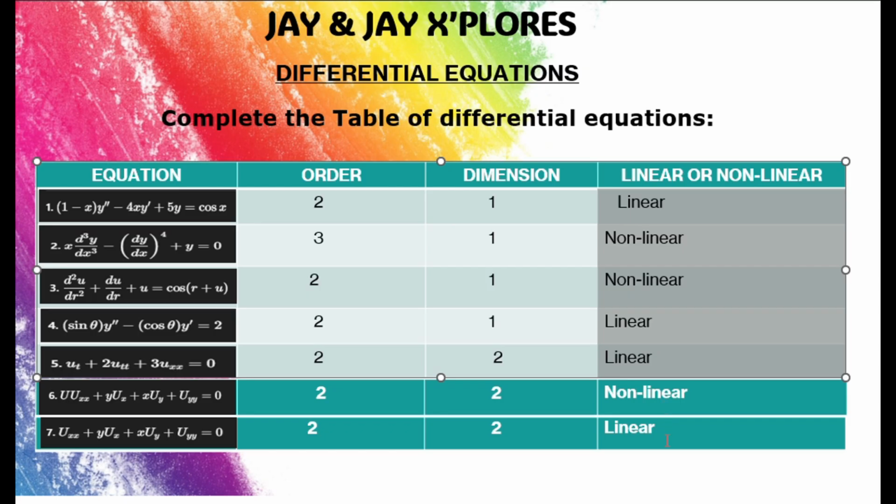So this is how we go about these types of questions. We can find the order, we can find the dimension, and we can tell if the equation is linear or non-linear. To be able to do this efficiently, you are supposed to know the definitions for the order, the dimension, and how to tell if it's linear or non-linear.